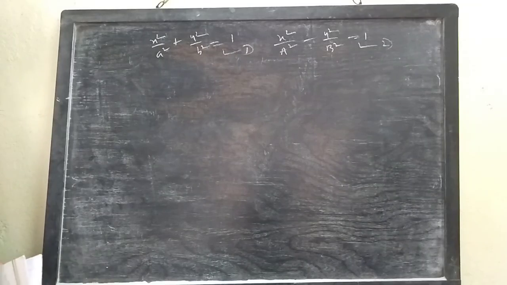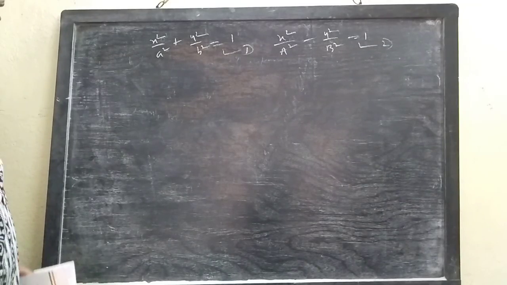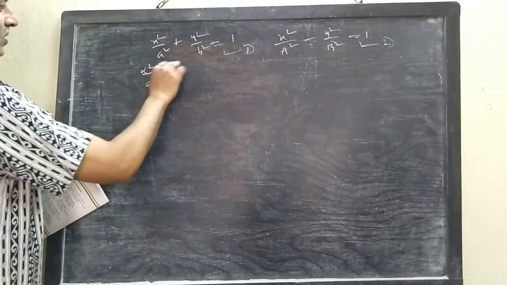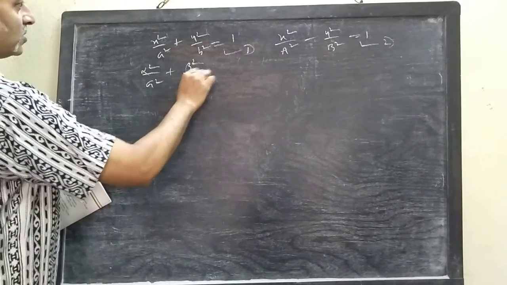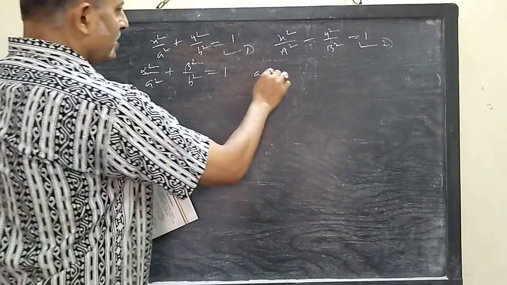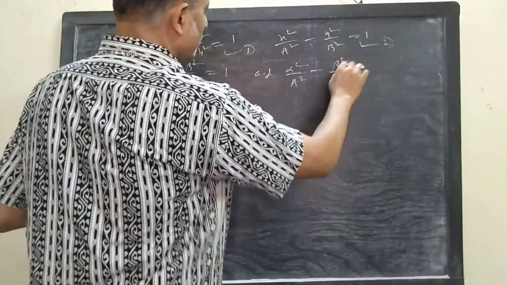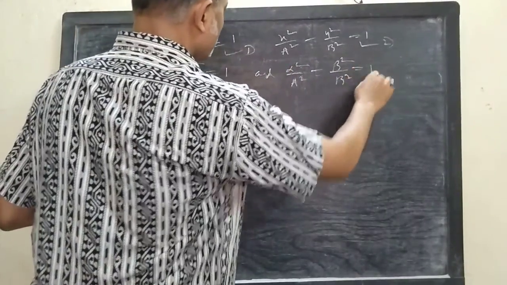Now, being the point of intersection, alpha comma beta lies on both the curves. So we have alpha square by a square plus beta square by b square equals 1 and alpha square by capital A square minus beta square by capital B square equals 1.